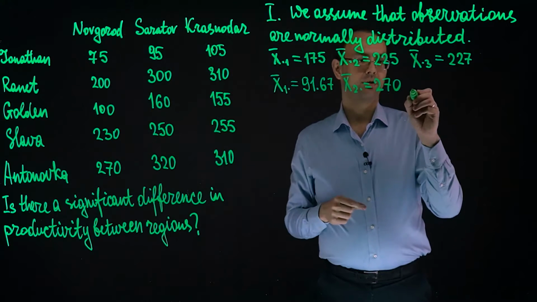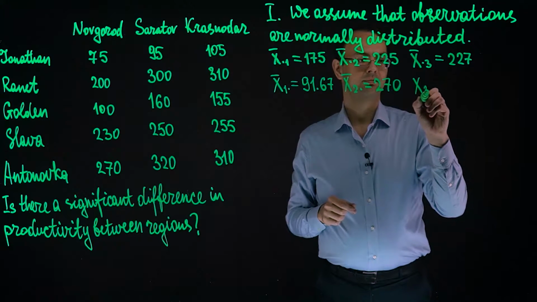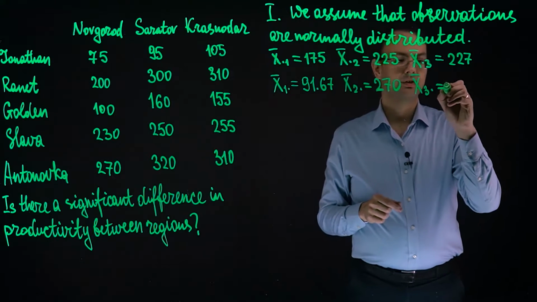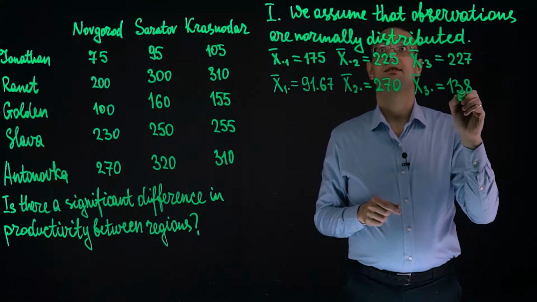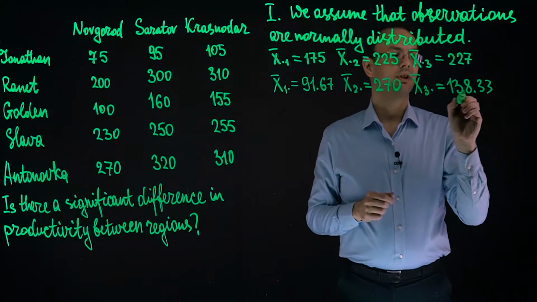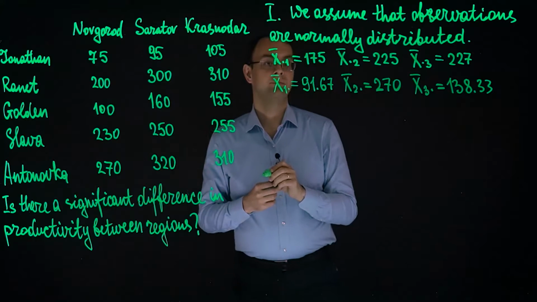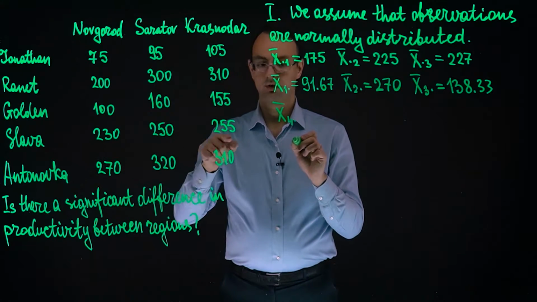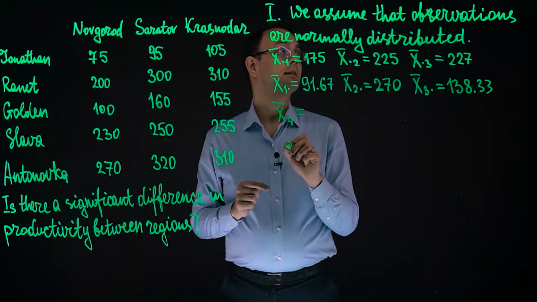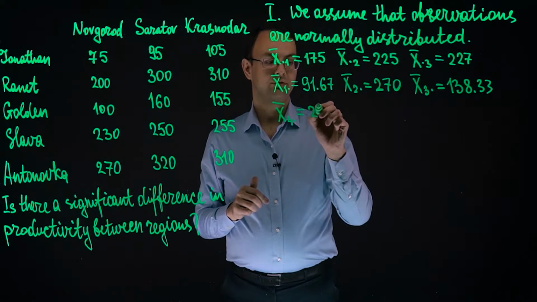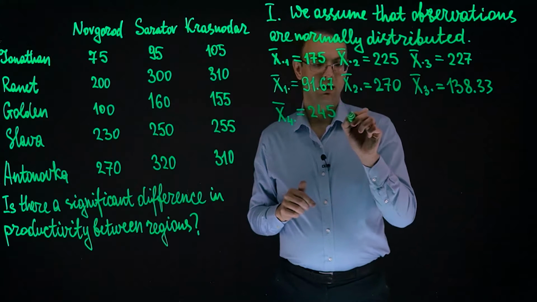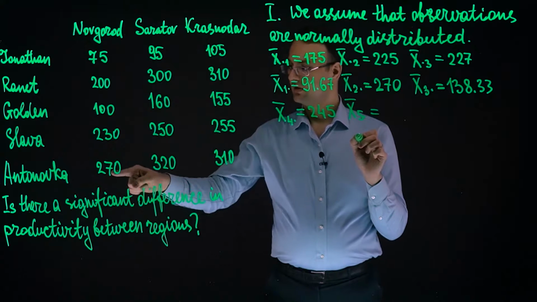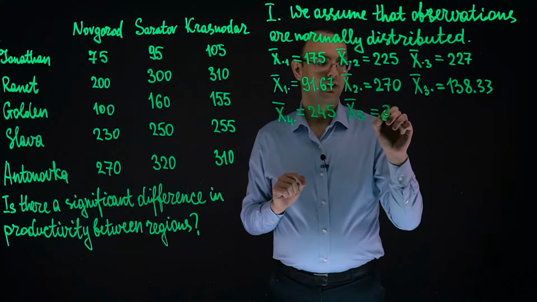Mean for the third row is 138.33. Mean for the fourth row is 245, and mean for the fifth row is 300.